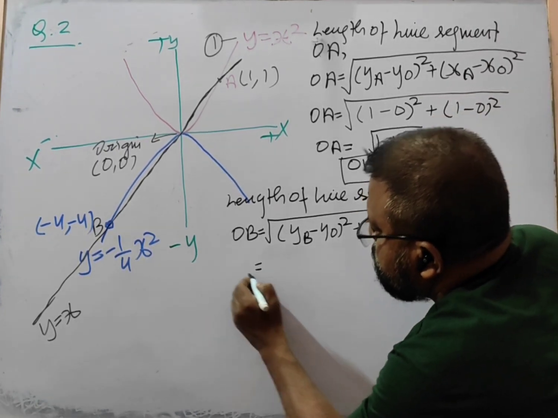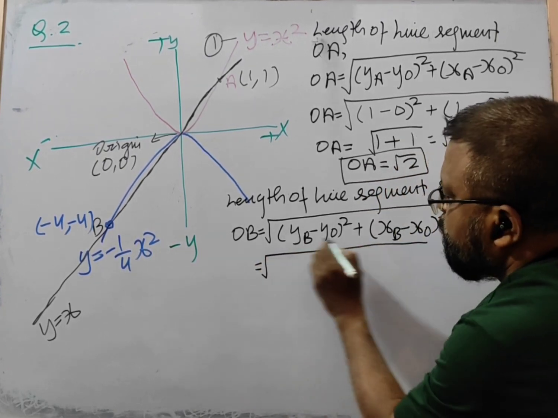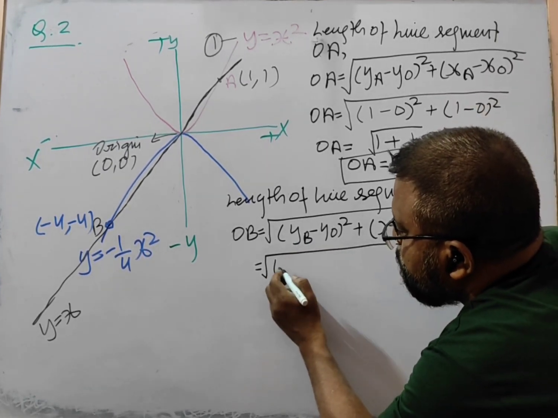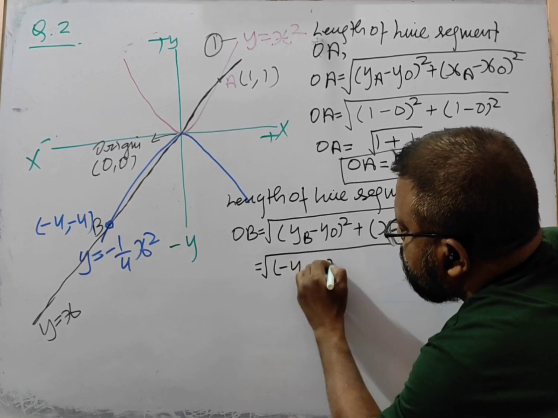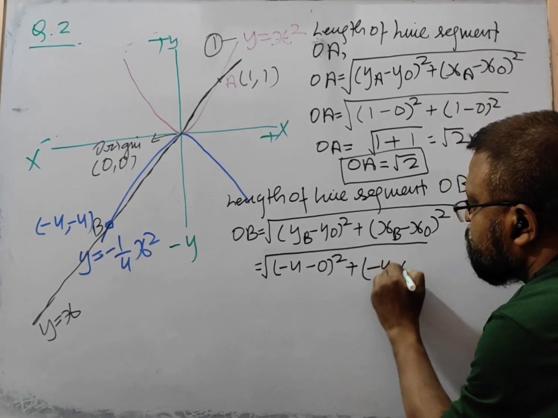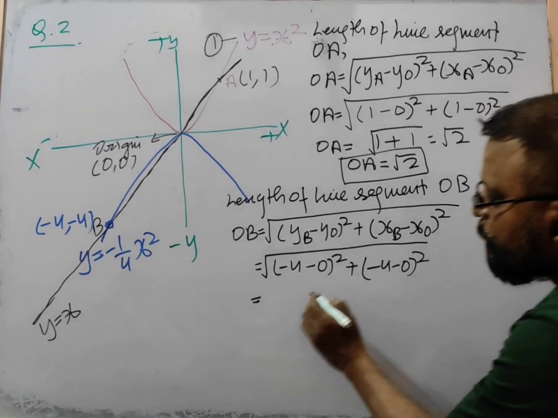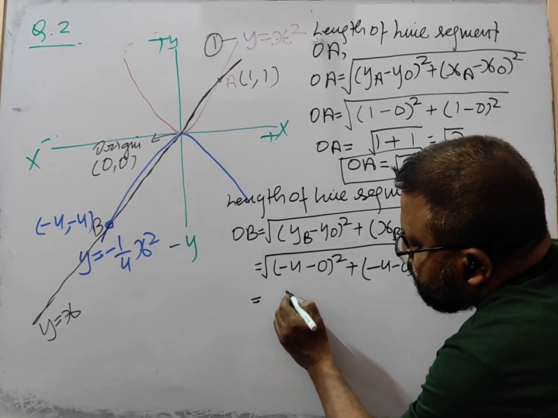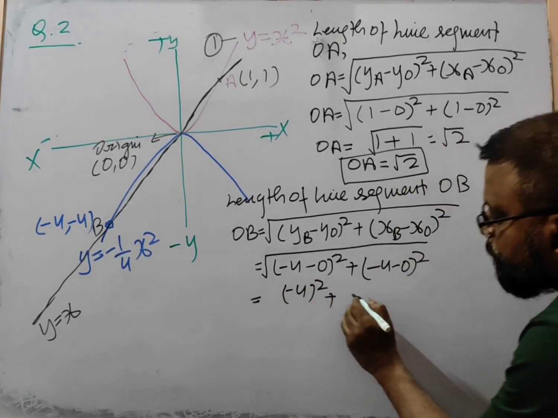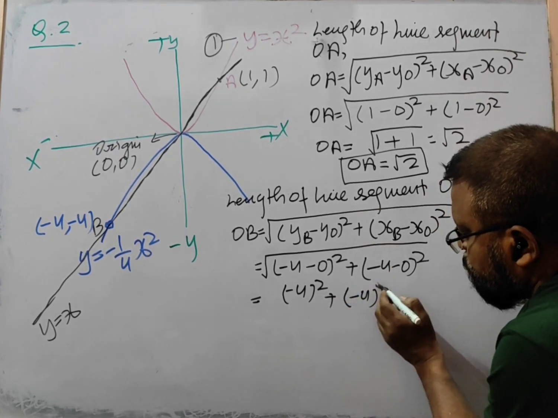And B is minus 4, minus 4. So this is minus 4 minus 0 whole square plus minus 4 minus 0 whole square. So minus 4 minus 0 becomes minus 4 whole square plus minus 4 whole square.